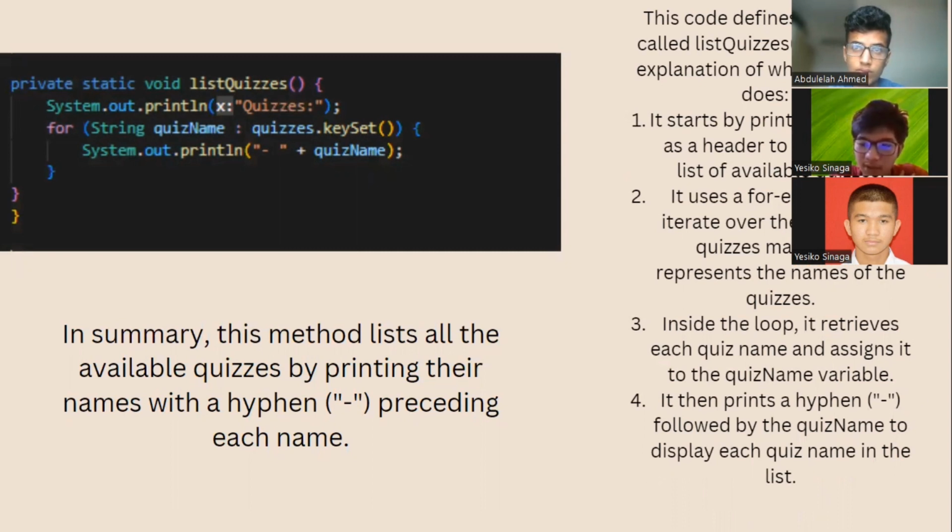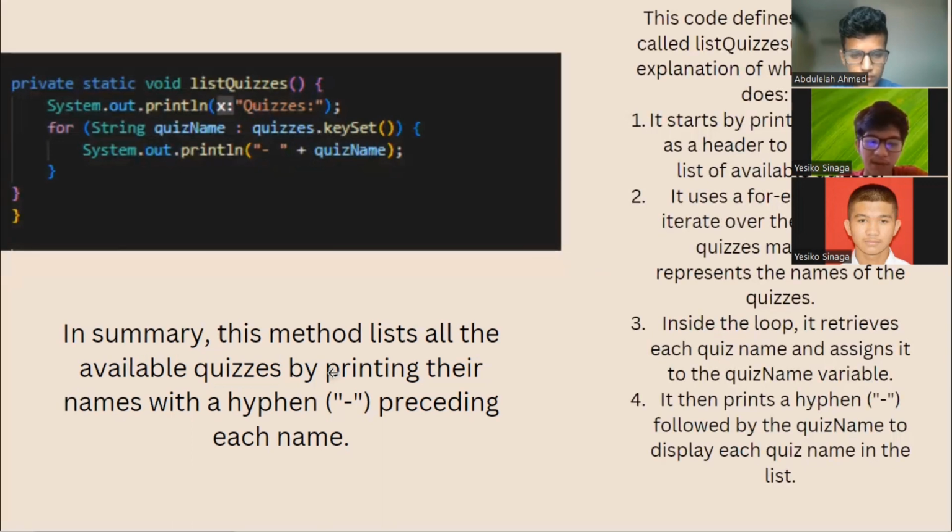Inside the loop, it retrieves each quiz name and assigns it to the quiz name variable. It then prints a hyphen followed by the quiz name to display each quiz name in the list. In summary, it lists the quizzes, distinguishing their names with a hyphen preceding each name.